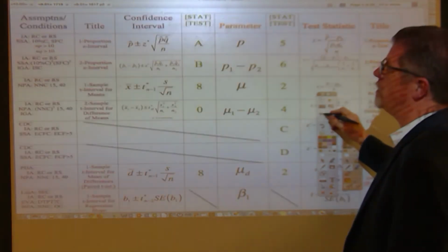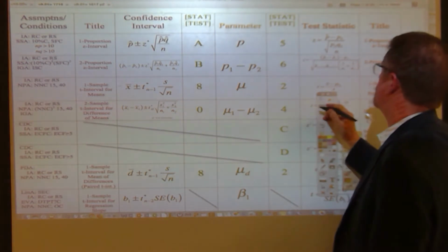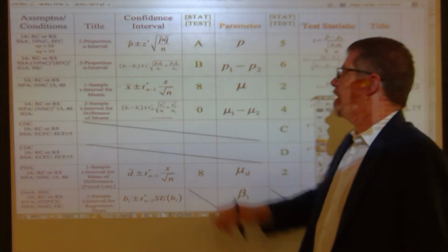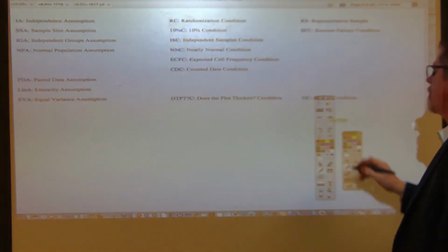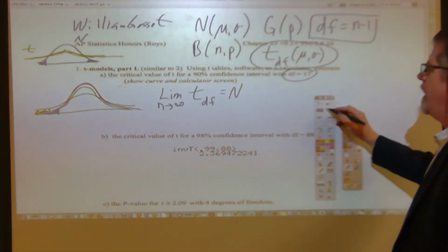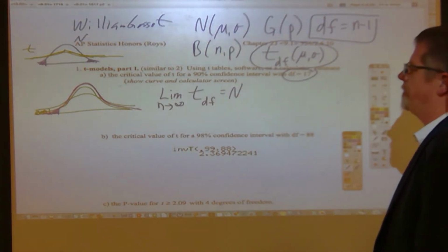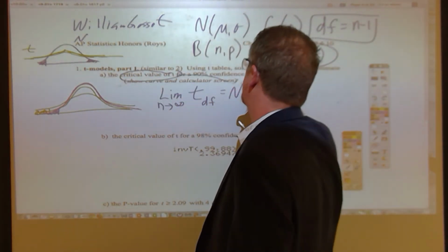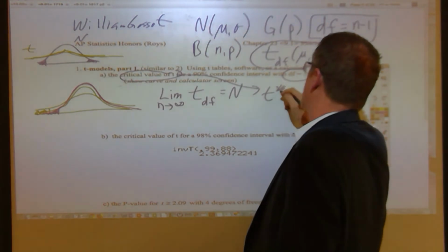Notice that when you're building a mu trap, you need T-star. So the T-star sub n minus 1 is what we need to learn how to do next. It's called the critical T-value, and that's what they ask for in problem 1. What's a critical value of T? When they ask you for a critical value of T, they're asking for a T-star.